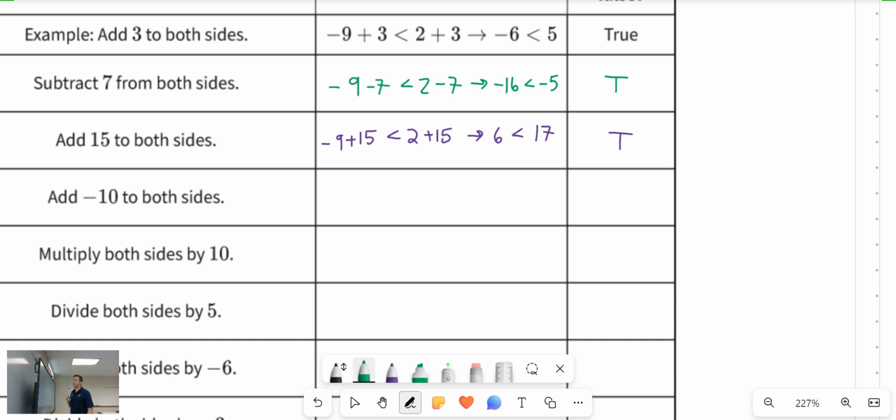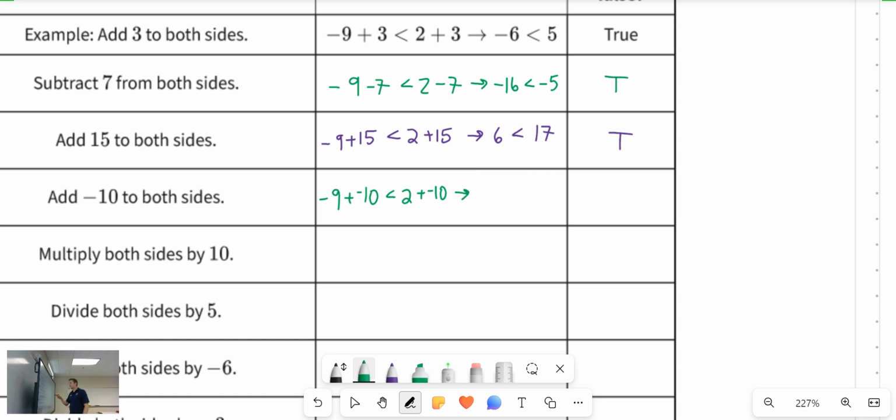Back to green. Add -10 to both sides. Add -10. Okay, we can do that. -9 plus -10 is less than 2 plus -10.